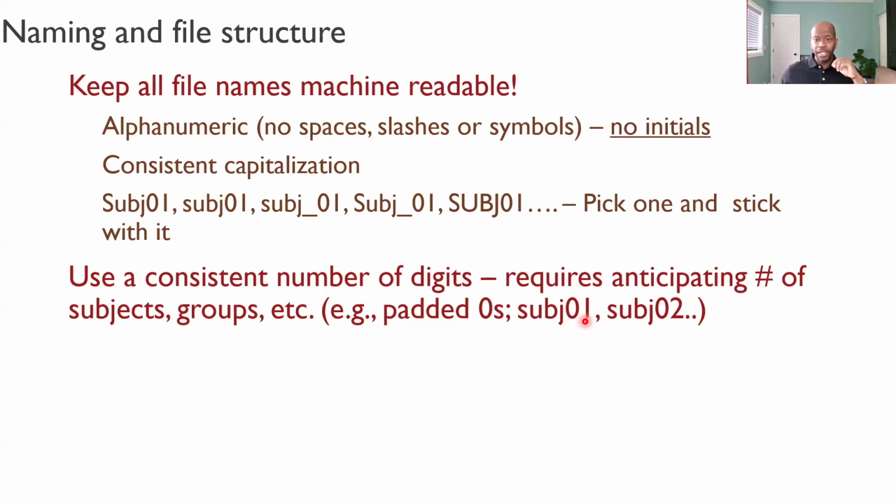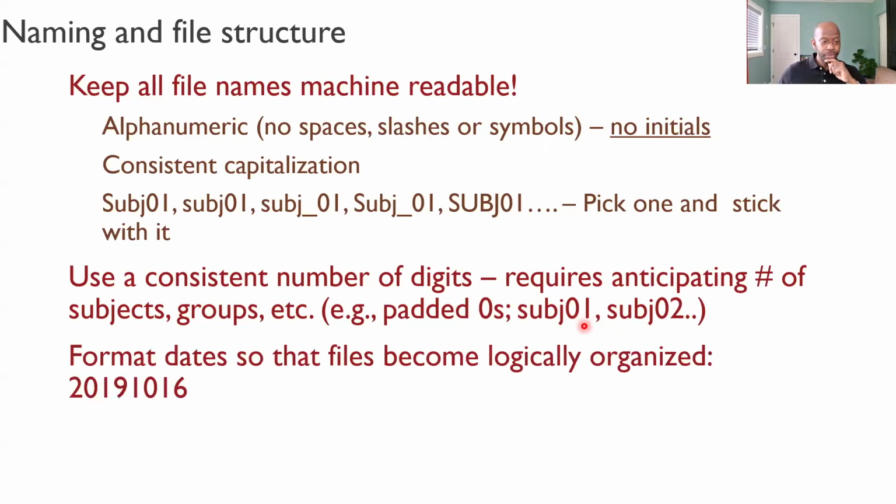The problem then is that if I try to cycle through things by file name, subject 11 will come before subject 2, right? Because of the 1 after subject. So just make sure you use the same number of digits for all of your numbers.